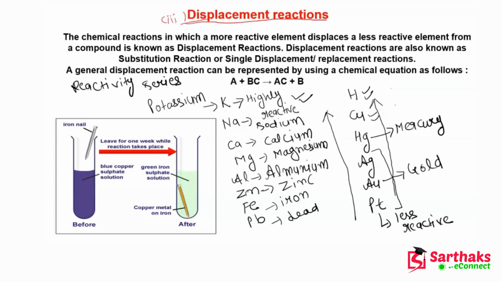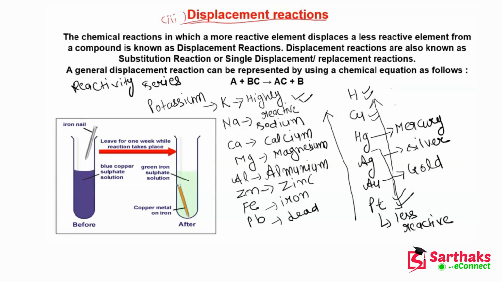It is the only metal which is found in liquid state. That is an important point. Now this is silver, Ag is silver, this is gold, and this is platinum. So I hope this reactivity series is understood by you.